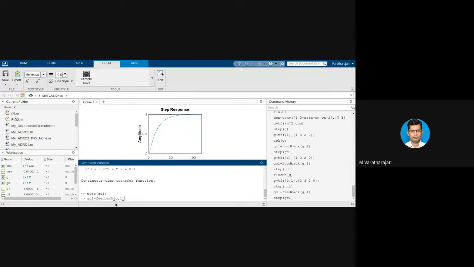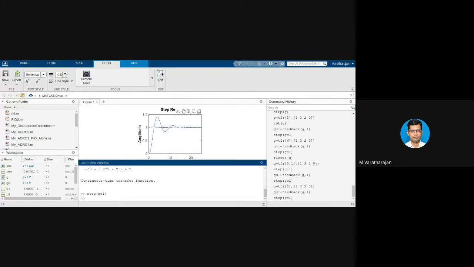But if you increase the value of k, instead of 0.1, if I put 2, now you can see that the system becomes underdamped and it has some kind of sinusoidal damped oscillations.